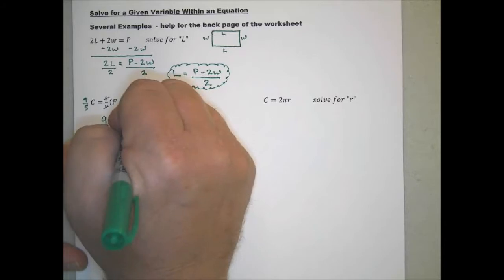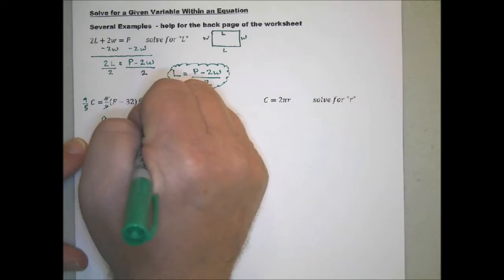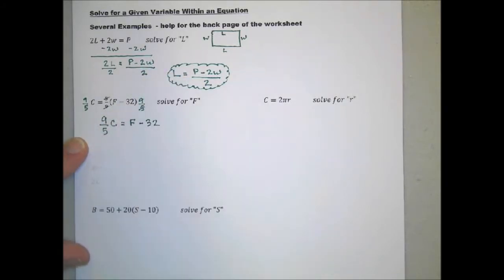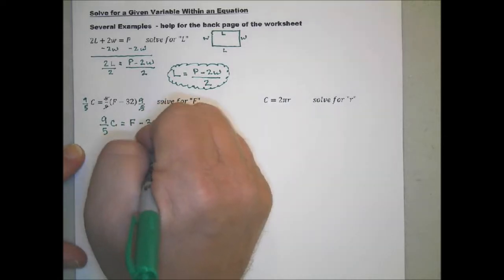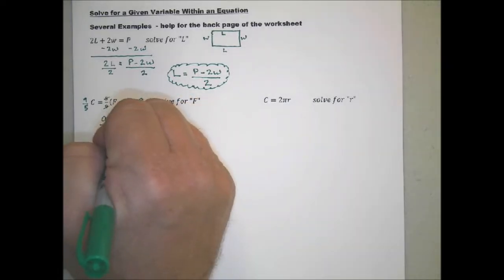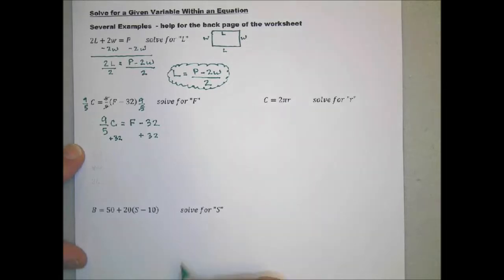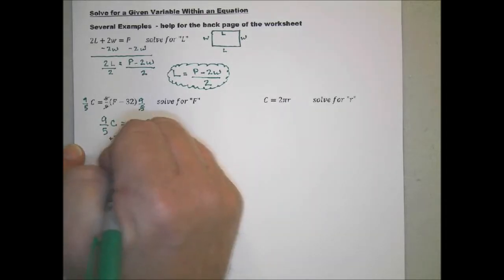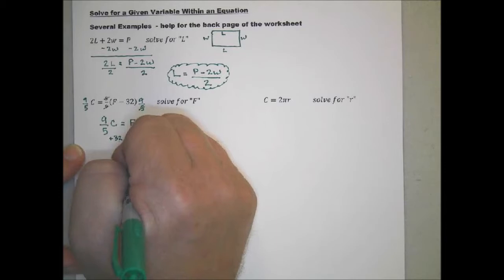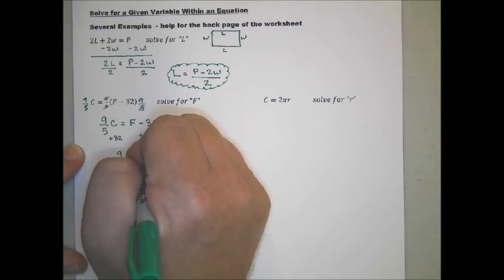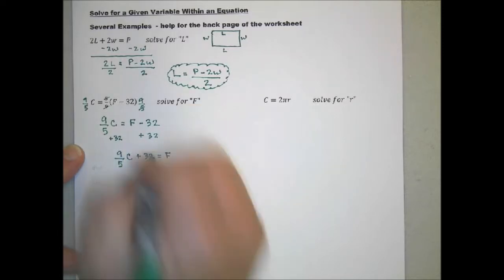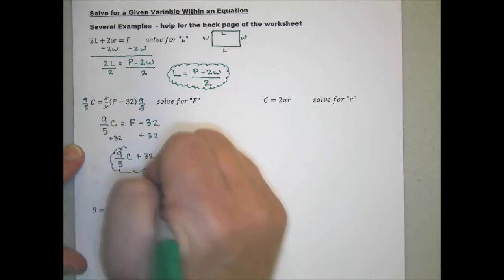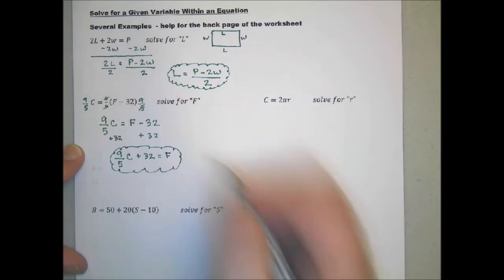So now all I've got is F minus 32. And if I'm solving for Fahrenheit, now all I have to do is add 32. The whole goal was to get Fahrenheit all by itself, and now I have it. 9/5 C plus 32 equals F.